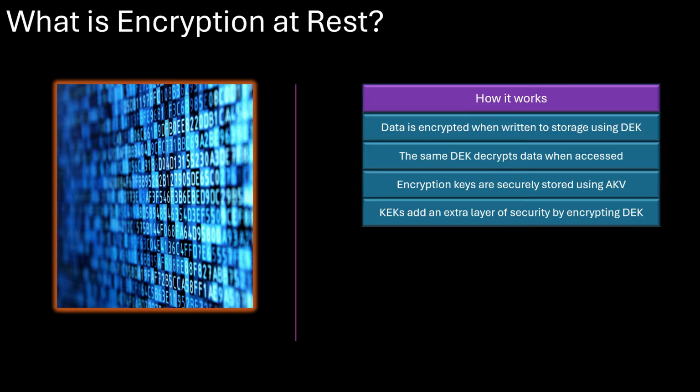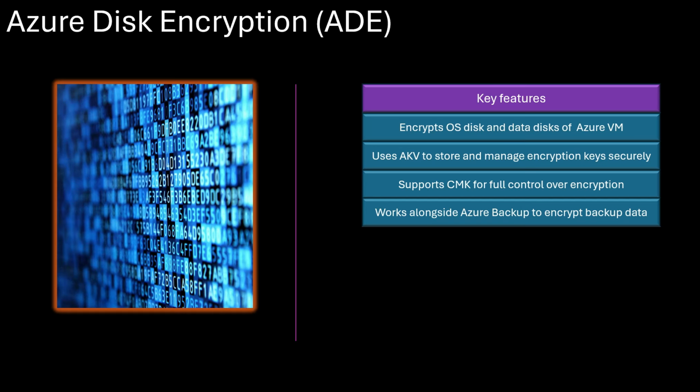This encryption protects against data theft, compliance violations such as HIPAA, PCI DSS or FedRAMP, and unauthorized physical access. Let's understand how you can encrypt the Azure VM disk using Azure Disk Encryption.